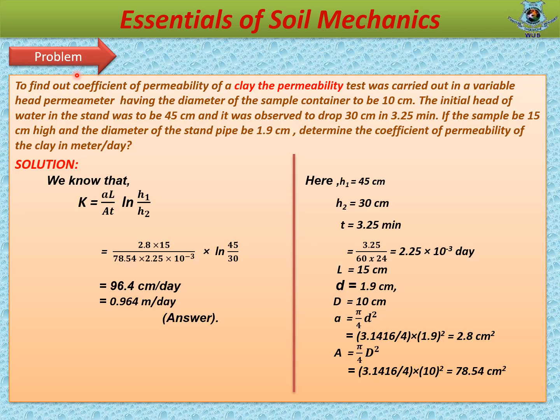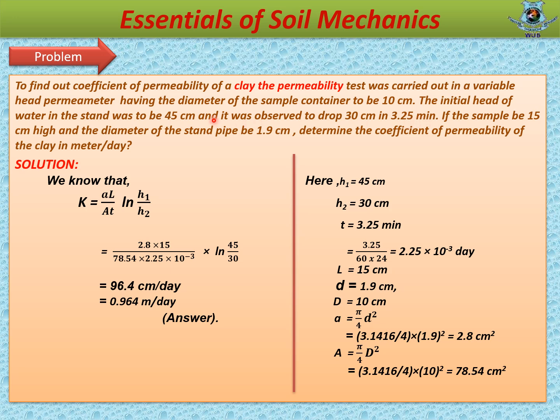Let's solve this problem. To find out the coefficient of permeability of a clay, the permeability test was carried out in a variable head permeameter having the diameter of the sample container 10 cm. That means capital D equal to 10 cm. The initial height of water in the tank was 45 cm and it was observed to drop 30 cm in 3.25 minutes.